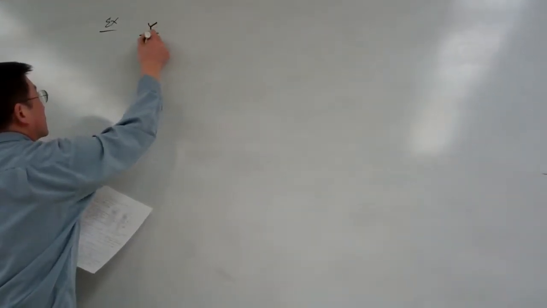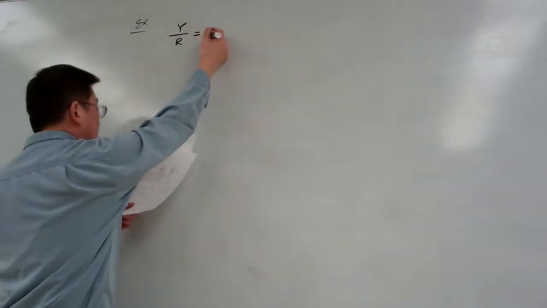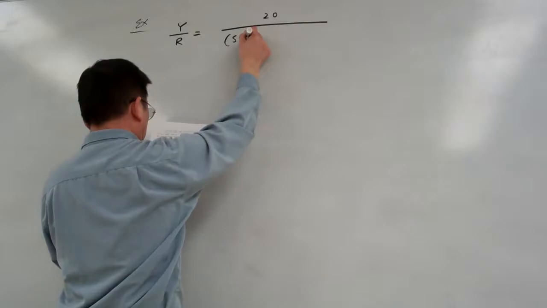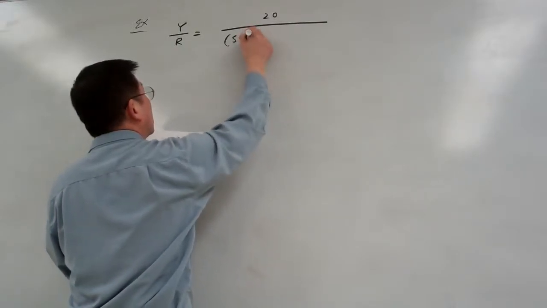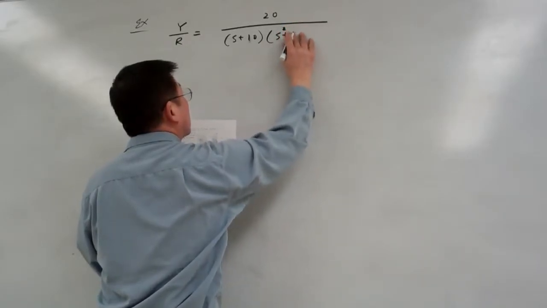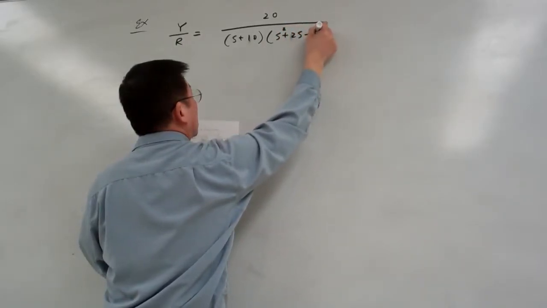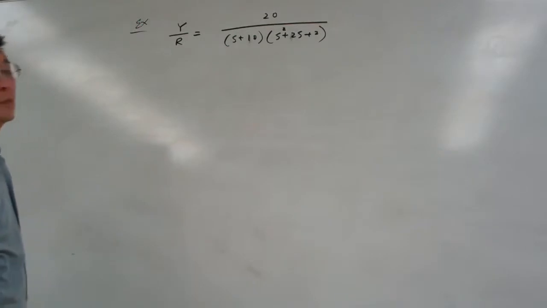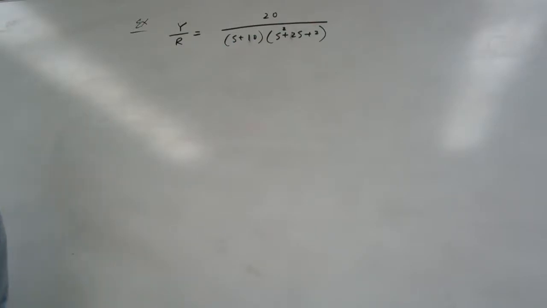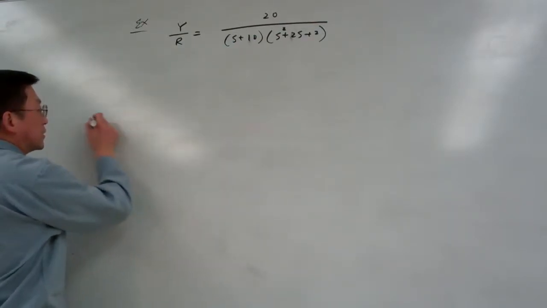We consider a third order system like this. Here we have a closed loop system, and before we do anything, we can plot the poles.